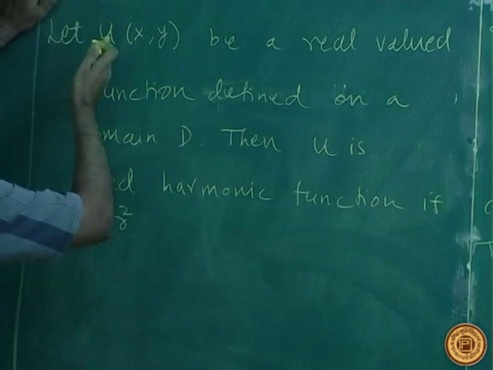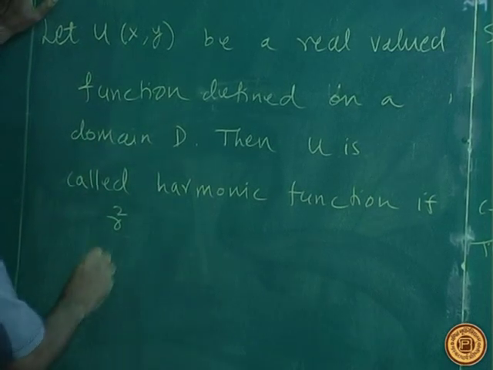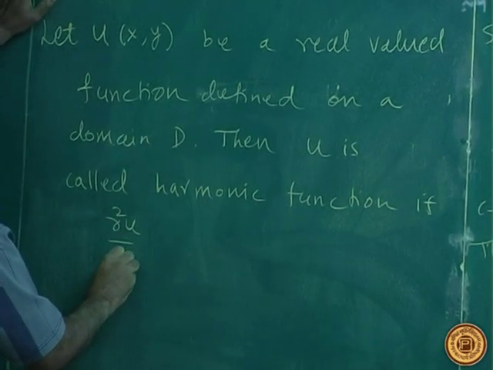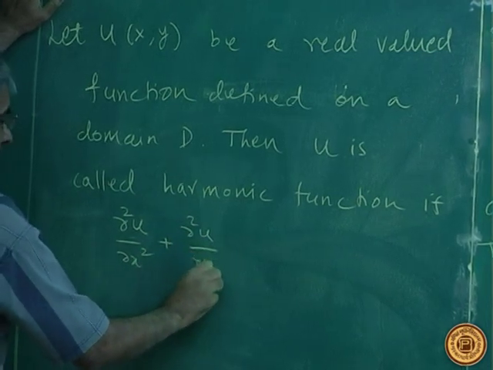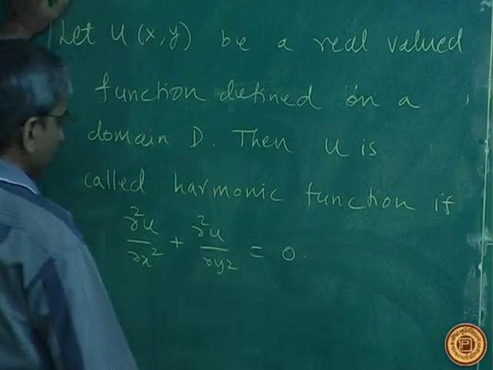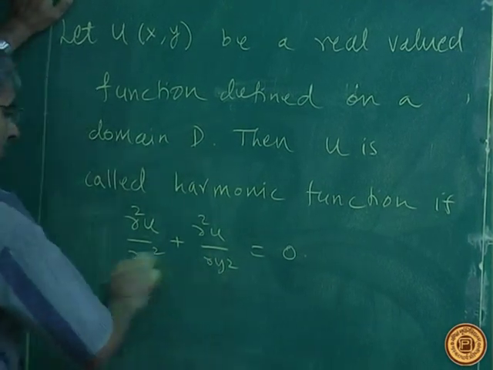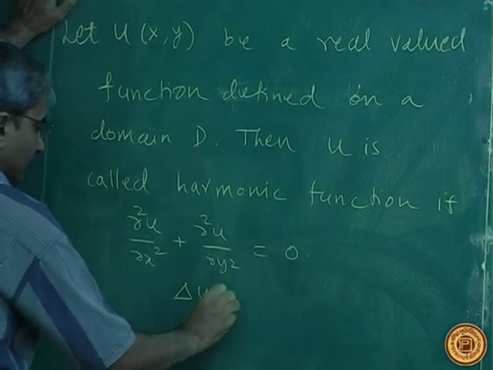So u has second order partial derivatives and it satisfies ∂²u/∂x² plus ∂²u/∂y² equal to 0. This equation is sometimes written like this also.